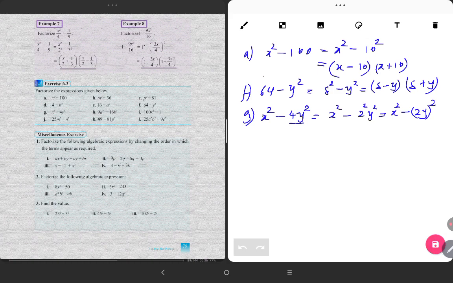Both these terms I can combine and write the power as 2, or the index, right? So then we can write this as x minus 2y. This one is like x squared minus y squared, but instead of y we have 2y. So x minus 2y, x plus 2y.